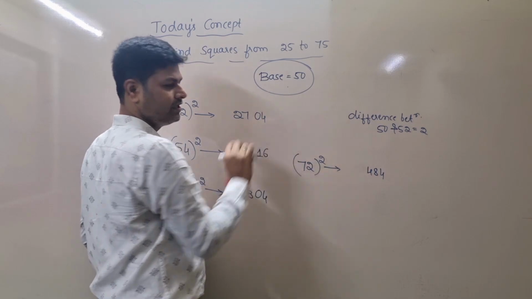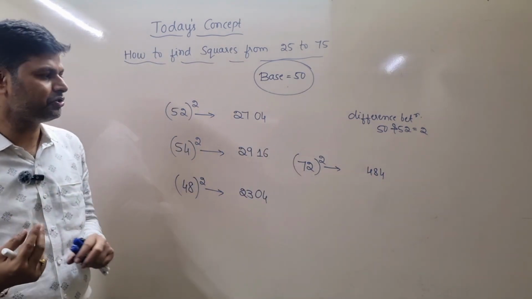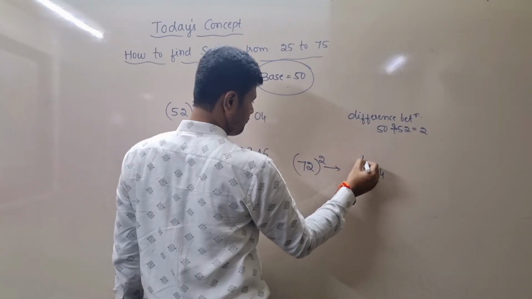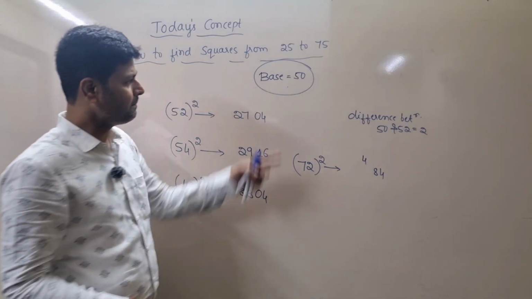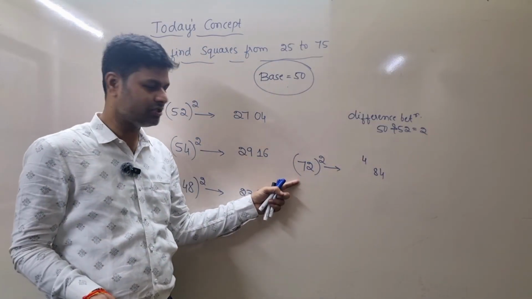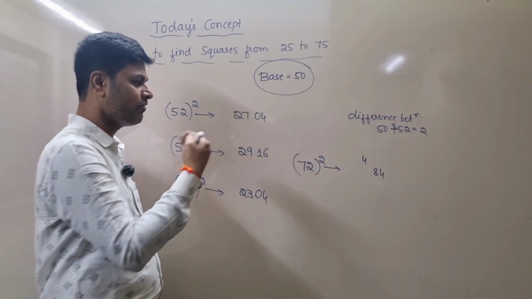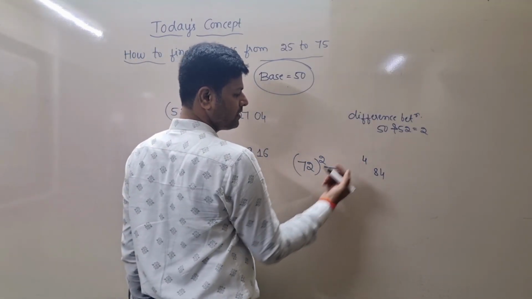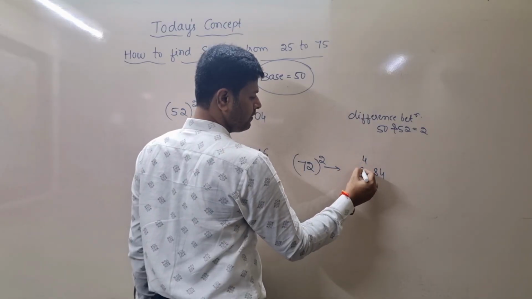Compared to 50, 72 is 22 more. So 22 more means you write 22 square, which is 484. But our condition is you have to consider only 2 digits, so this 4 will be carry. Compared to 50, 72 is 22 more, so you add 25 plus 22, that is 47, plus 4. So it will be 51.